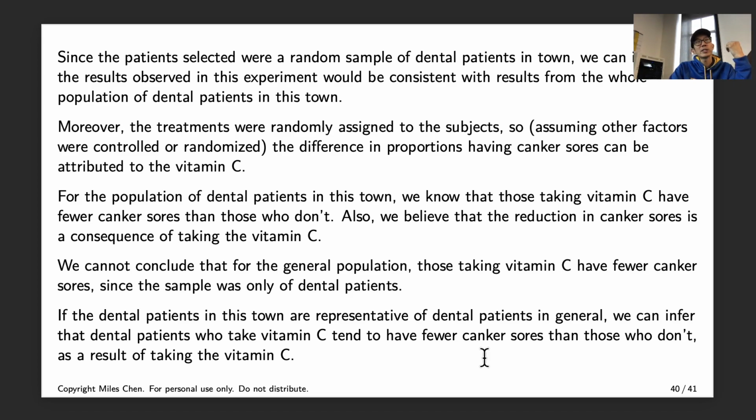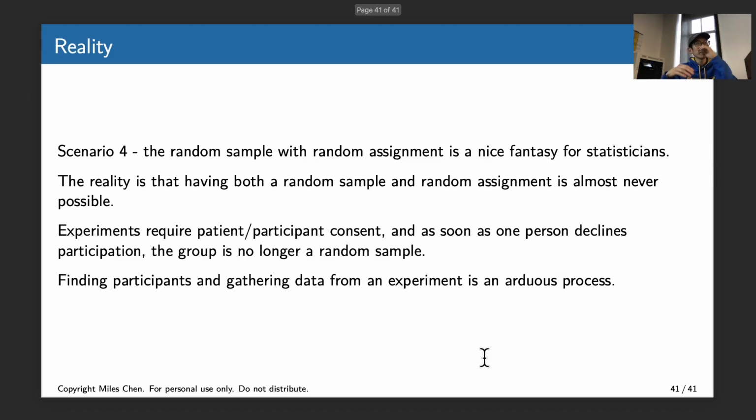The summary is basically, if you have random sampling, you can generalize your conclusions to the general population, because your random samples should be representative of the general population. The other thing is, if you have random assignment, you can draw a cause and effect conclusion. If you do an experiment with random assignment, you can say, I'm observing some difference between these two groups at the end of the study, and because we randomized things, the treatment group and the control group should look fairly similar at the beginning.